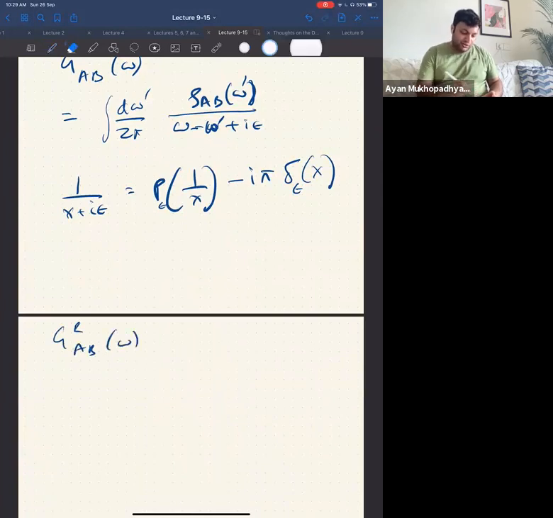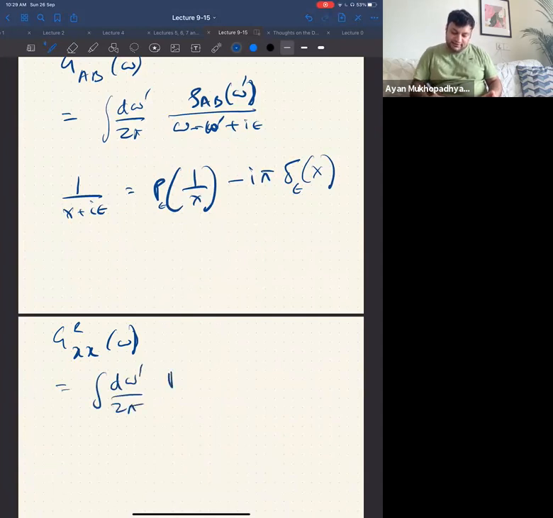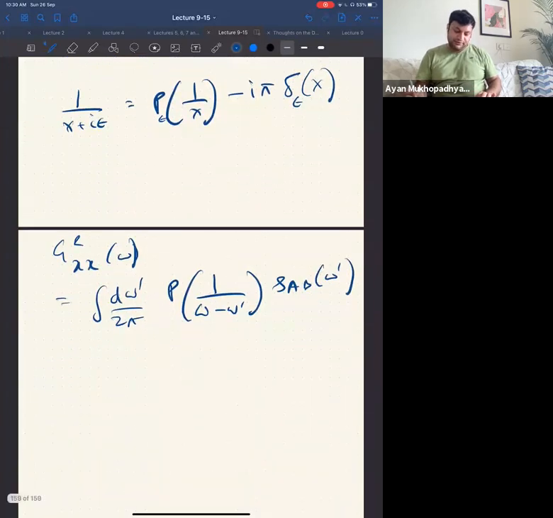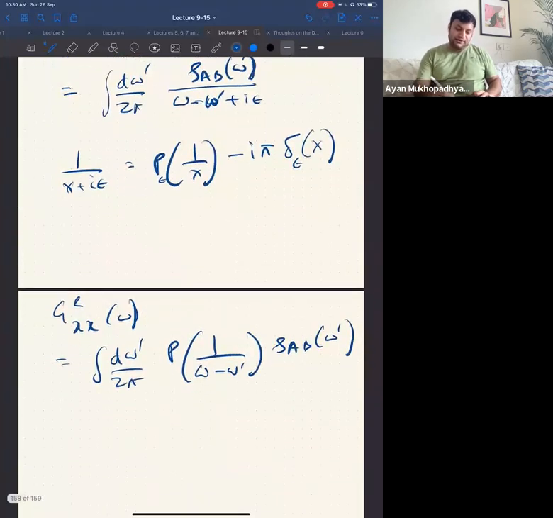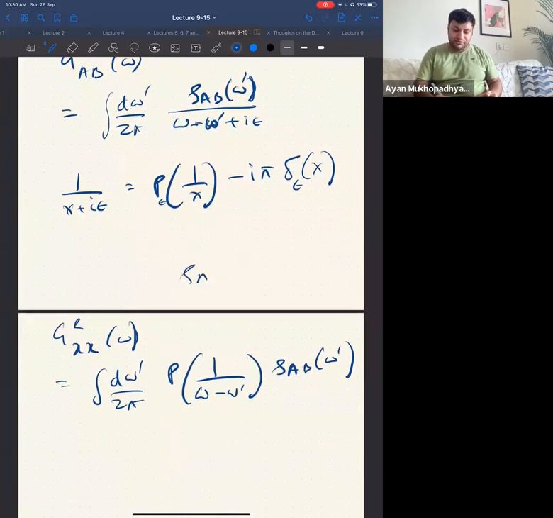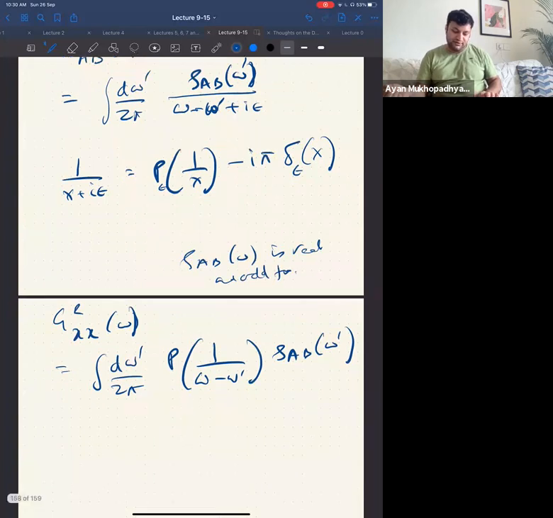So now, let me take this example where you have only x here, the same field. In that case, this is the integral d omega prime by 2 pi, P of 1 over omega minus omega prime times rho_AB(omega prime). This would be the real part of your G^R. And we know that rho_AB(omega) is a real and odd function, and also positive when omega is greater than 0. All this is given.